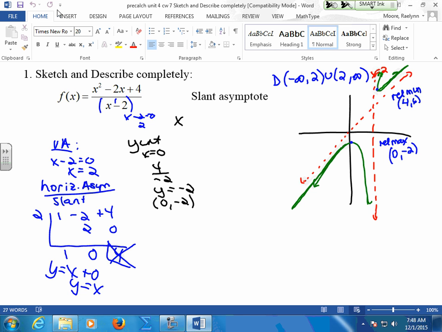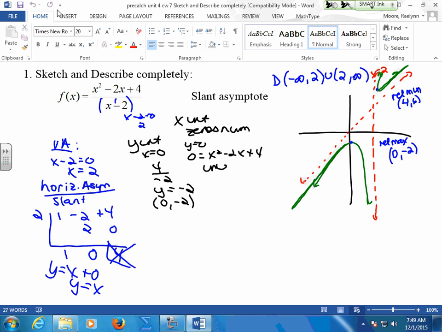My x-intercepts, after we factored, are the zeros of my numerator. So I set y equal to 0 and solve this. But we can't factor it, right? Quadratic or complete the square. And what kind of roots should these be? Imaginary. Why are they imaginary? Because it doesn't actually cross the x-axis. Very good.